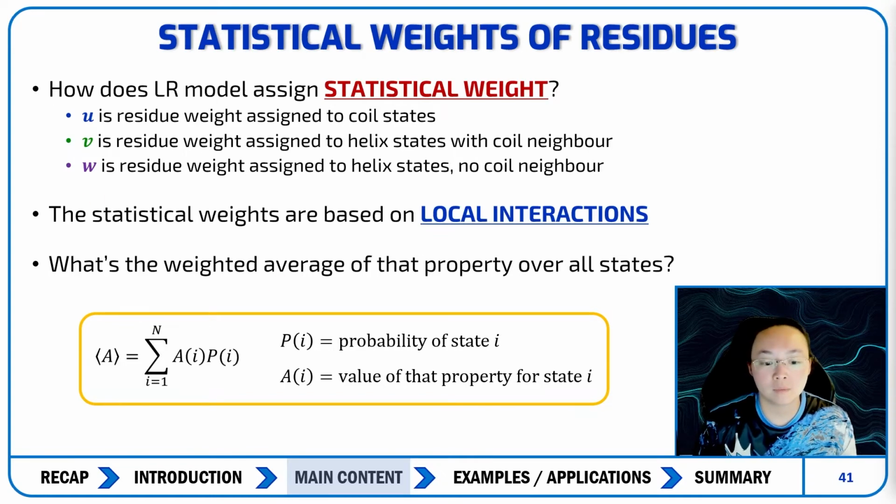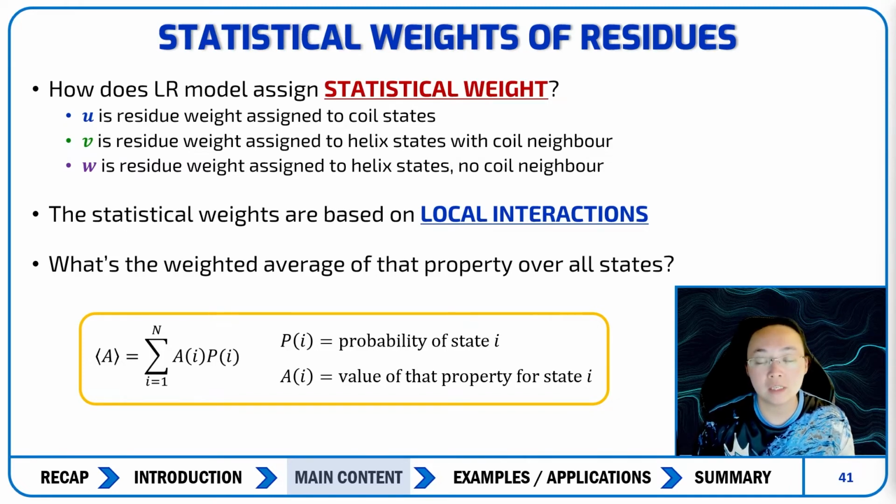The reason for this is that when we looked at whether there were favorable or unfavorable interactions, we noticed that if there was a hydrogen bond before the coil state, then most likely that coil state will also turn into a helix state. So the weight itself is going to be significantly higher than if there were no helix state that came before.